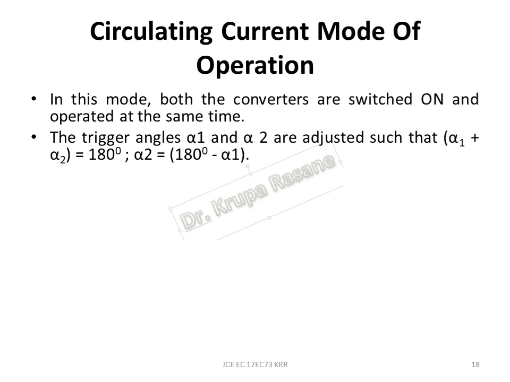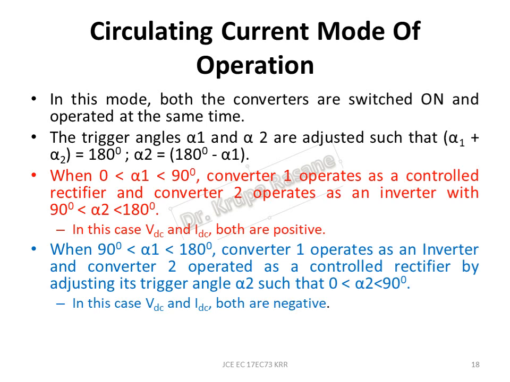This is necessary because we need the same DC voltage to appear across the load. So when alpha 1 is less than 90 degrees, converter 1 operates as a controlled rectifier and converter 2 operates as an inverter with alpha 2 from 90 degrees to 180 degrees. Got it?